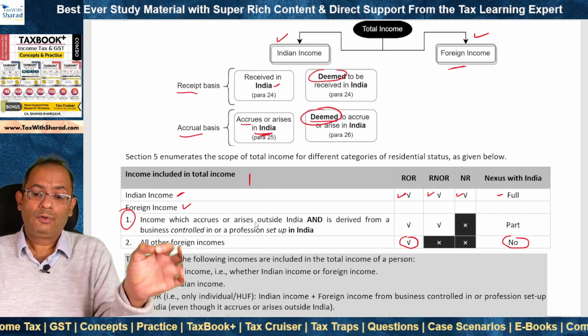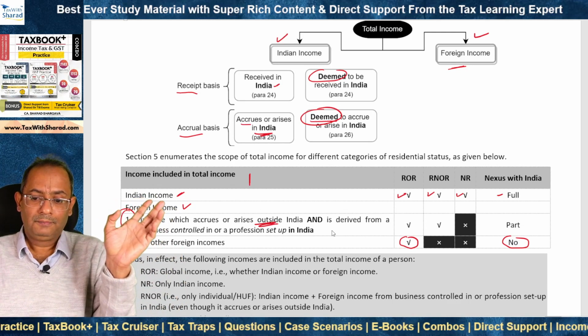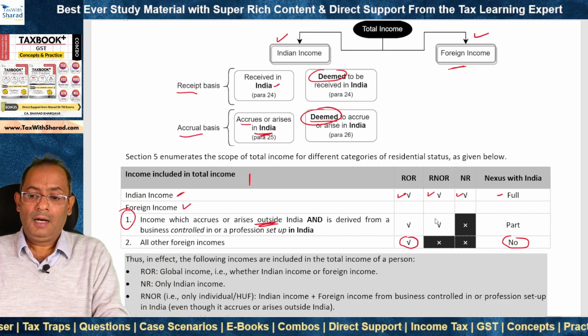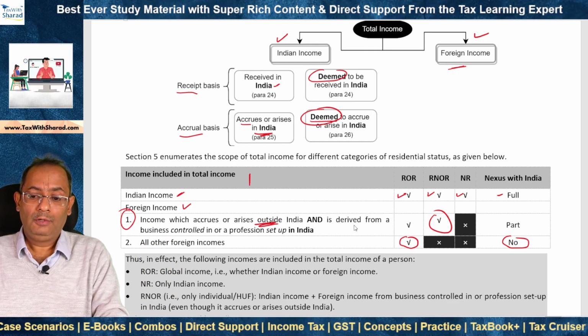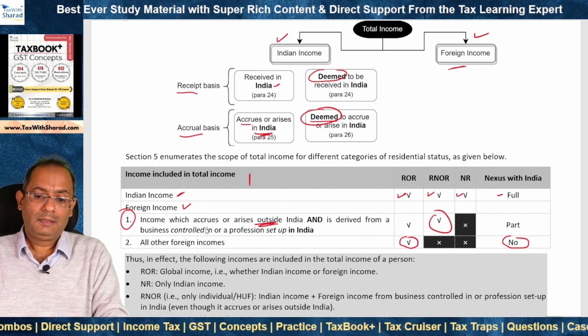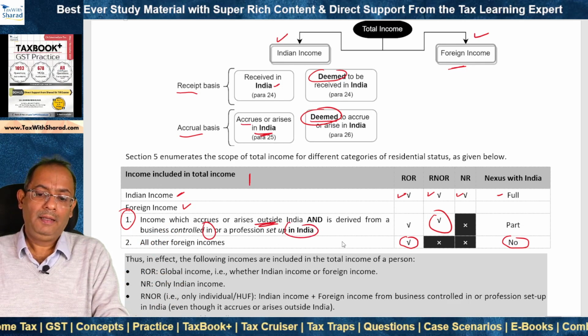Even though the income accrues or arises outside India, because it is foreign income, it is still taxable in the hands of a RNOR. It is still taxable in the hands of a RNOR when such income is derived from a business which is controlled in India or a profession which is set up in India.